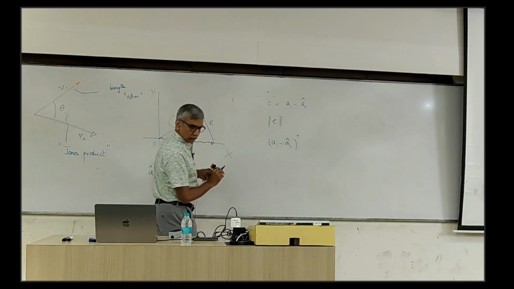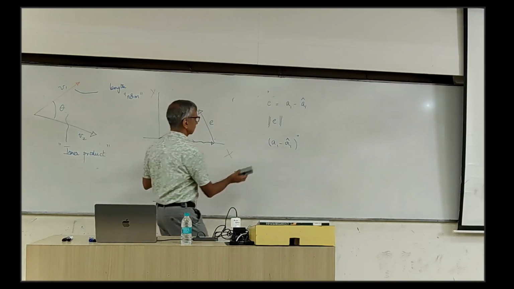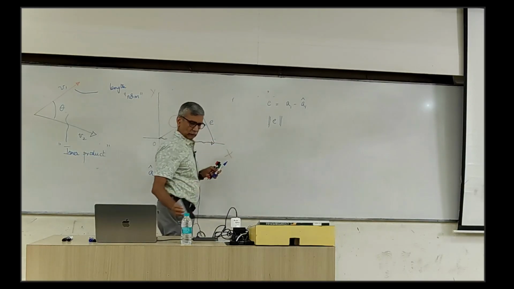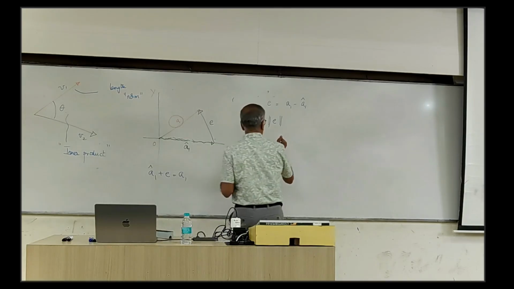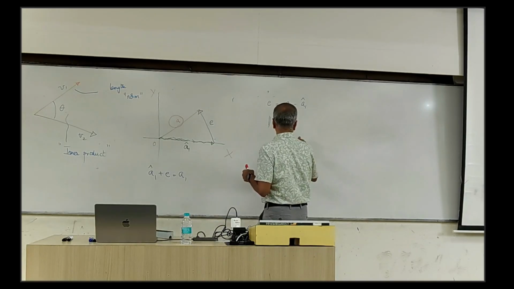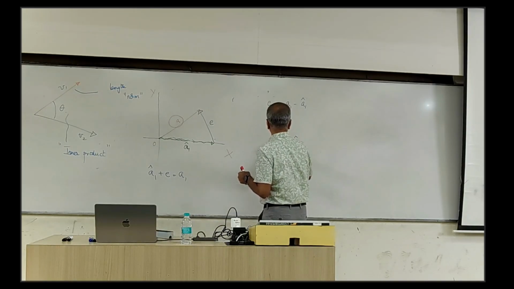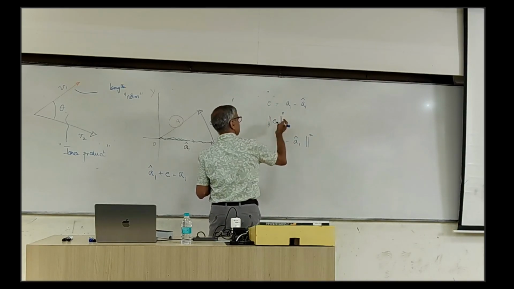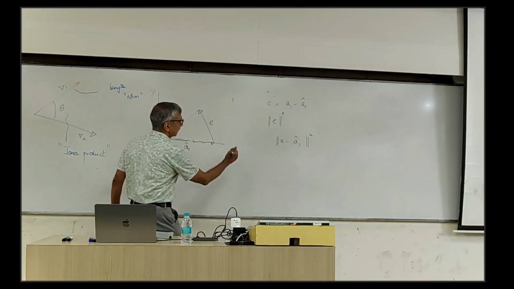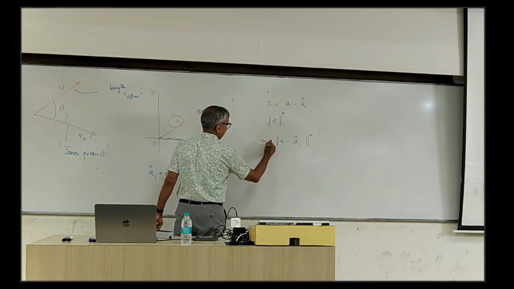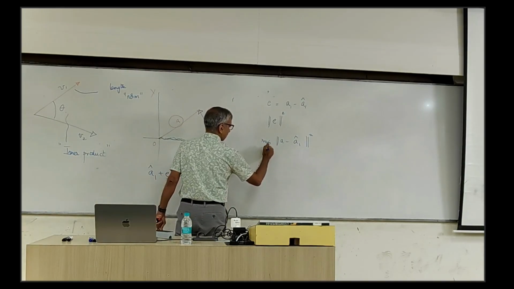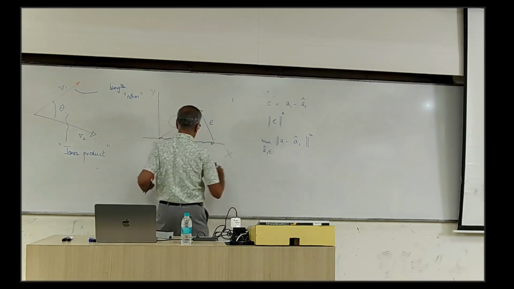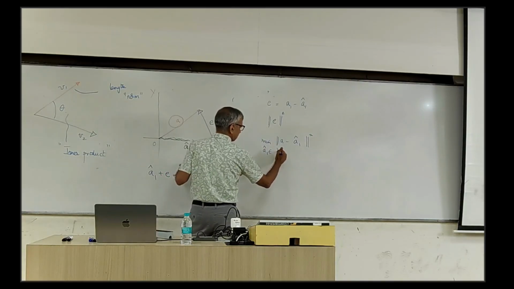Okay, I have to be a little bit careful. These are vectors here. I have to minimize. So I'll just put in a square here. I'm saying the square of the length. I want to minimize this, A1 hat belonging to the x-axis, right?